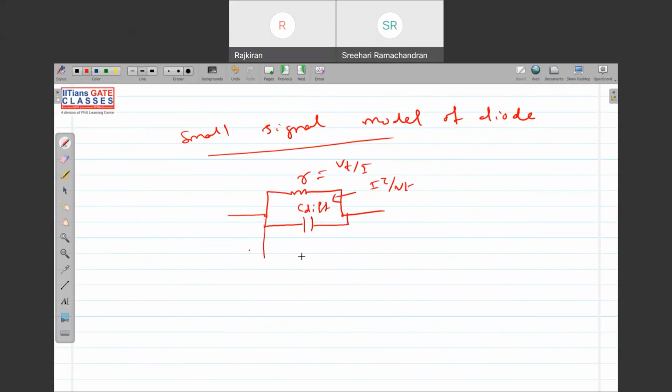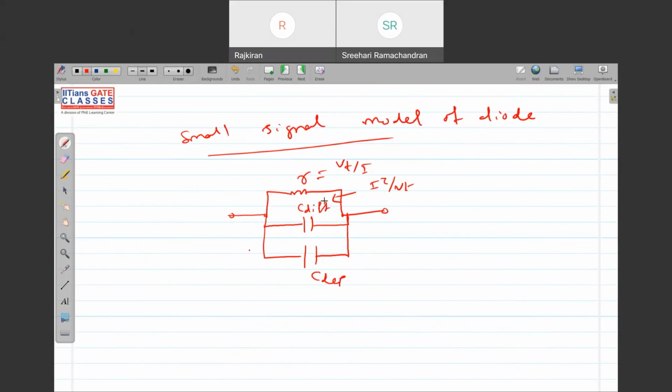Also, you get C depletion. So this is the small signal model.